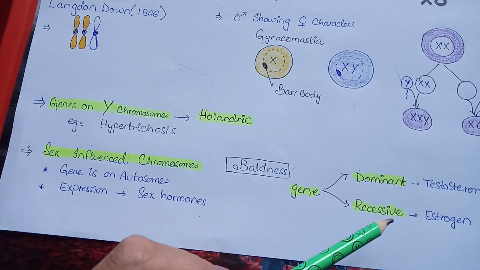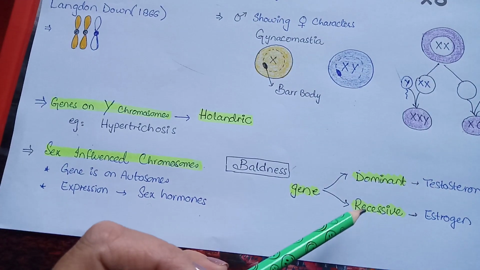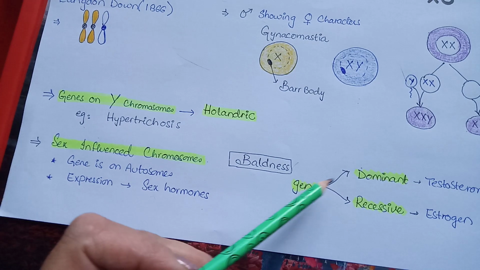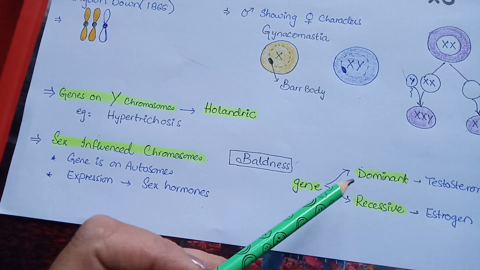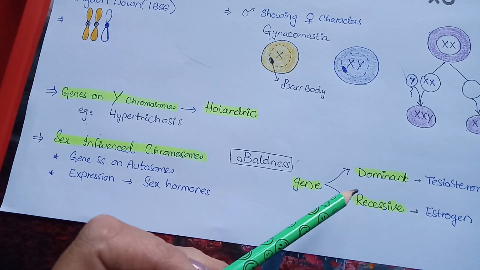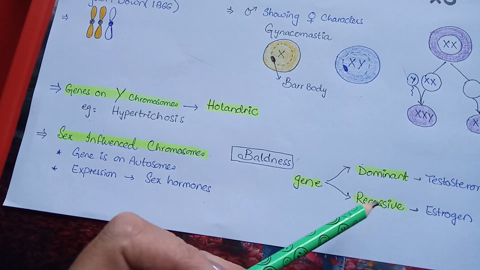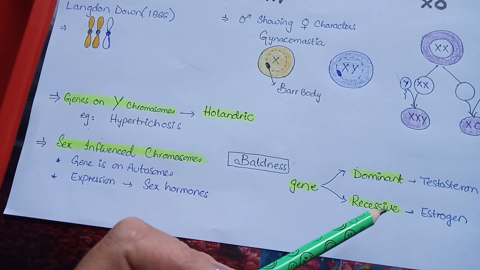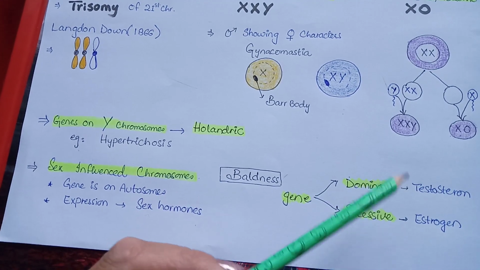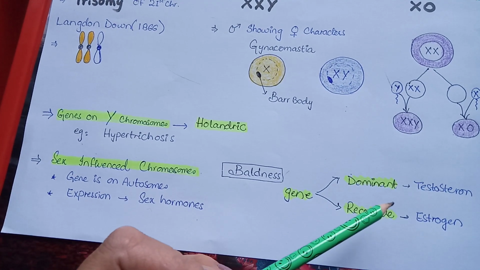So this problem of hair loss or baldness is not seen in case of females. This problem may arise a little bit at a later stage, after menopause, when the estrogen level falls very low. Females also have a little bit of testosterone during the entire reproductive age, but estrogen level is very high in females.